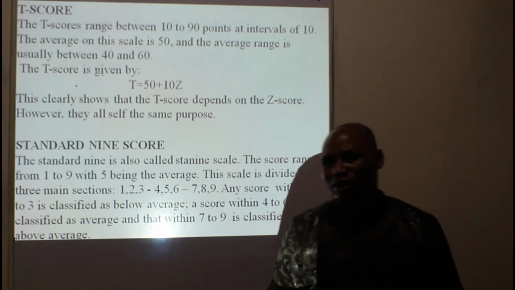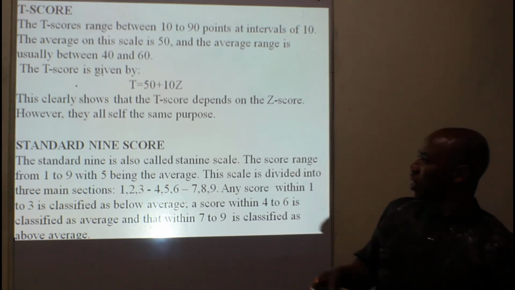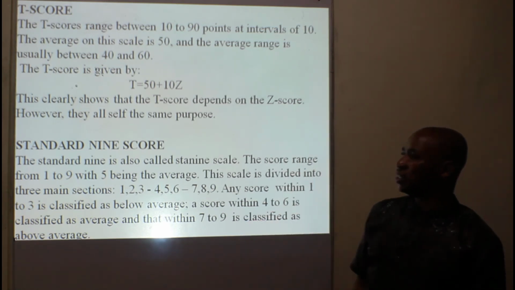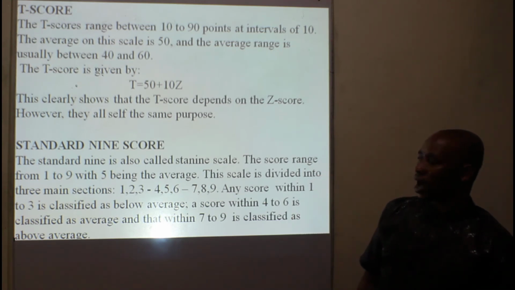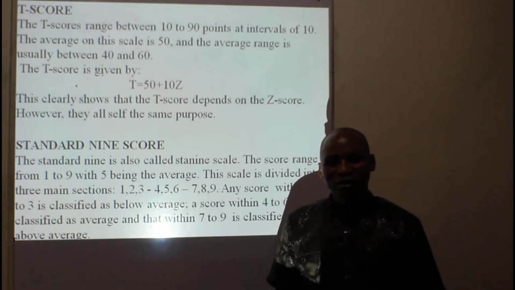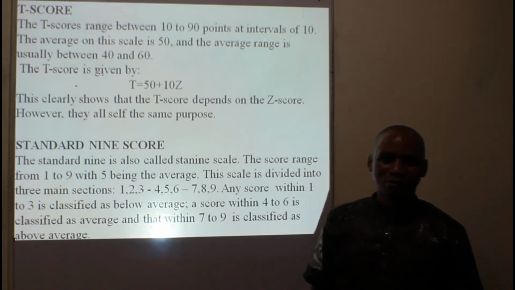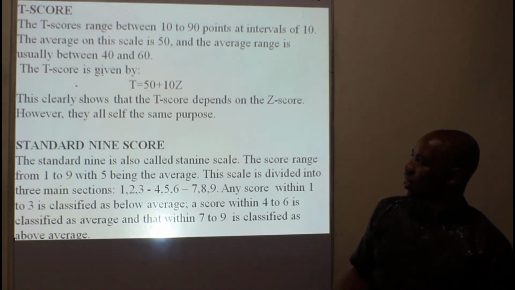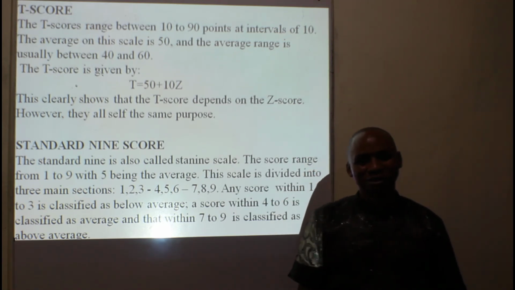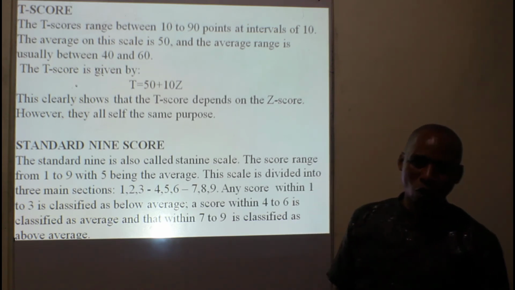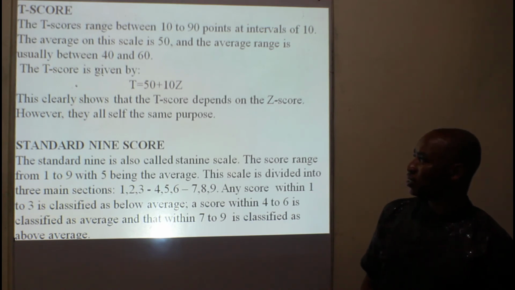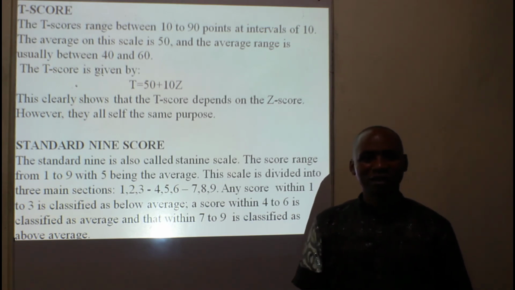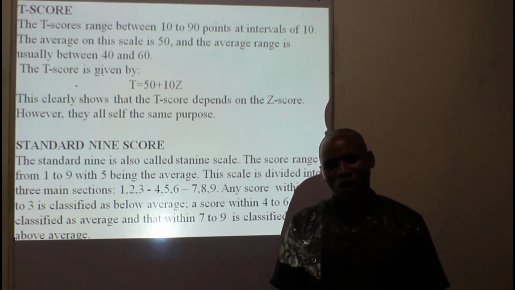Mathematically, the T-score is normally given by T equals 50 plus 10 Z, where the Z here is the Z-score of the data set, and the T here is the T-score. What does that mean?